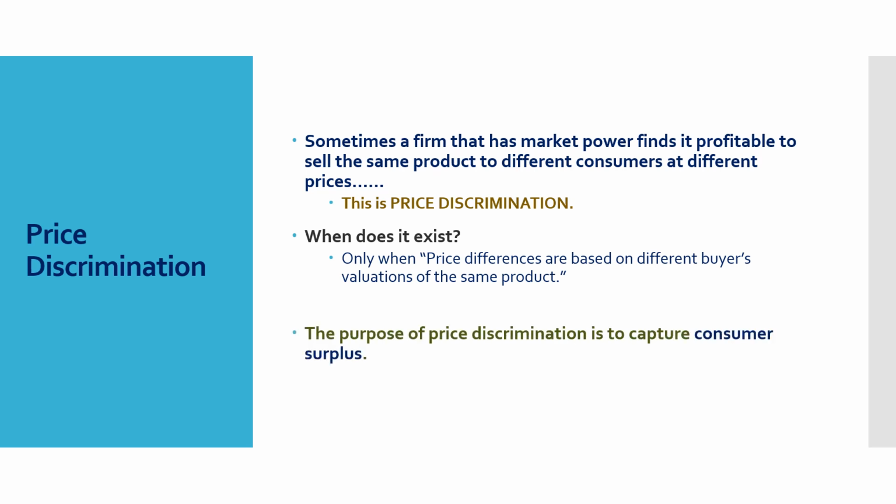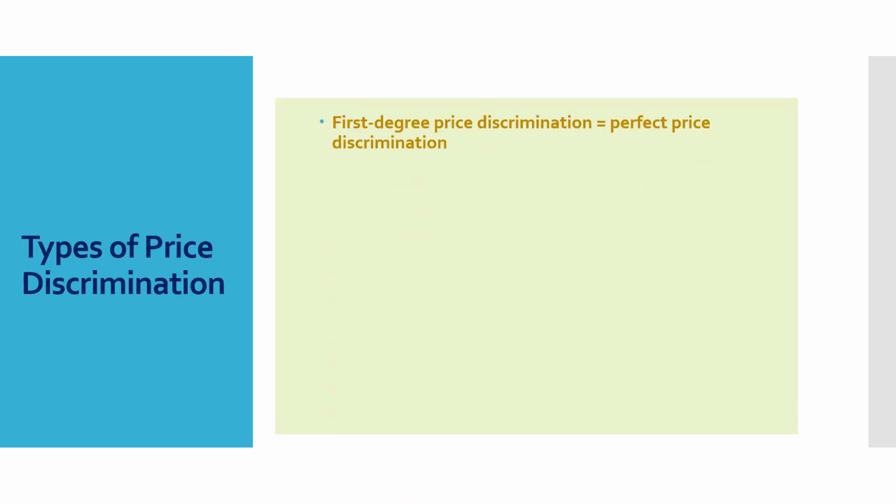And a very important reason for price discrimination is to capture consumer surplus. Take a look at each of those points and make sure that you are comfortable with them before you go into that final exam. There are three types of price discrimination that you need to take a look at.